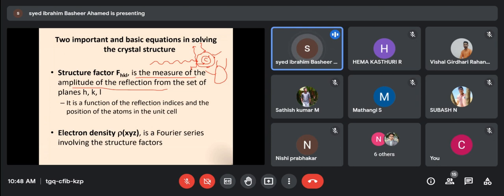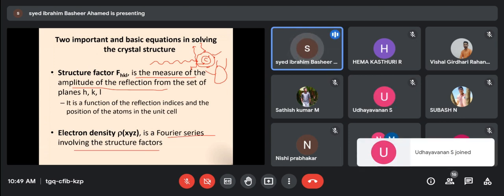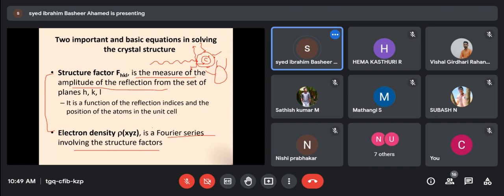It is a function of the reflection indices and the position of the atom in the unit cell. Then you are going to see the electron density. So electron density is a Fourier series involving the structure factors. This is just an introduction. We will see these things clearly in following classes.